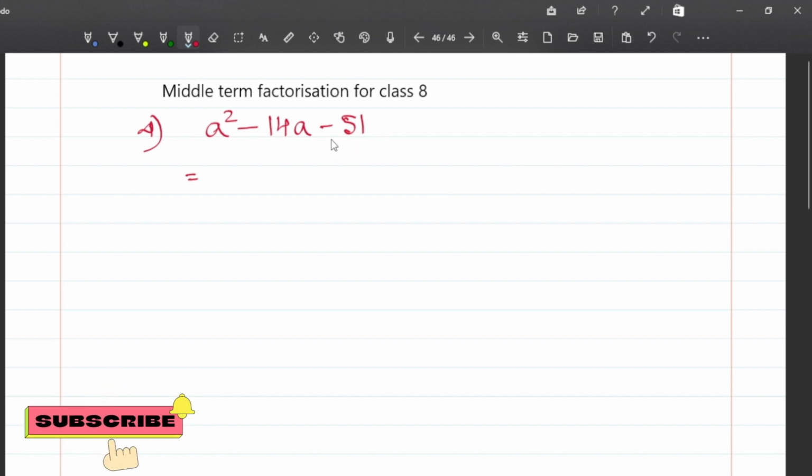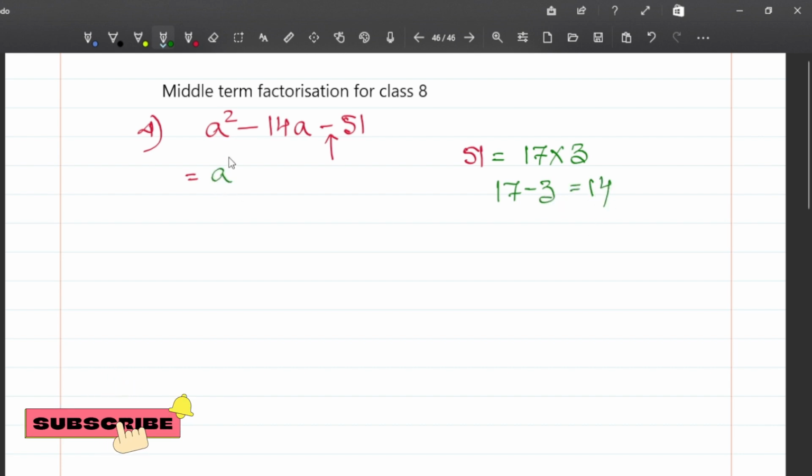Here we can see the negative sign before the 51. So factorize 51 as 17 into 3. So subtract them, so we get 14. So replace 14 here as 17 minus 3.